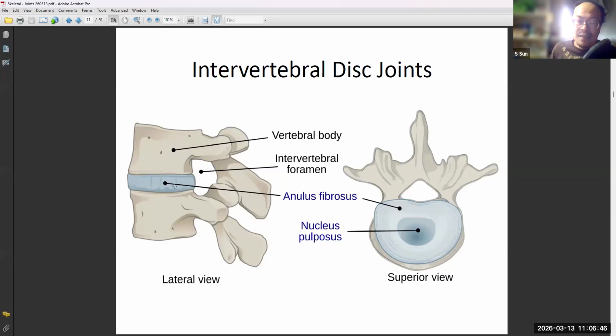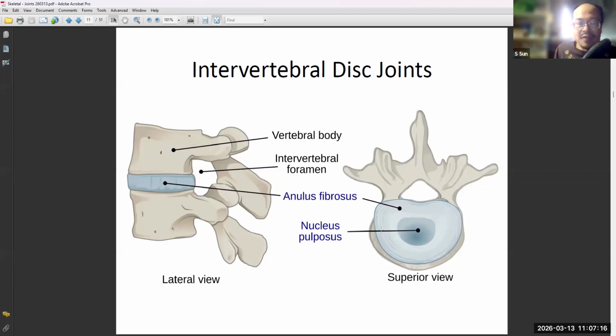So this is a disc again. If we look at that disc, we see there is cartilage tissue. In the middle is the hardening cartilage called the nucleus pulposus. The outer portion is more fibrous, that's why we call it fibrous cartilage tissue. It's called the annulus fibrosus. Annulus means circling.